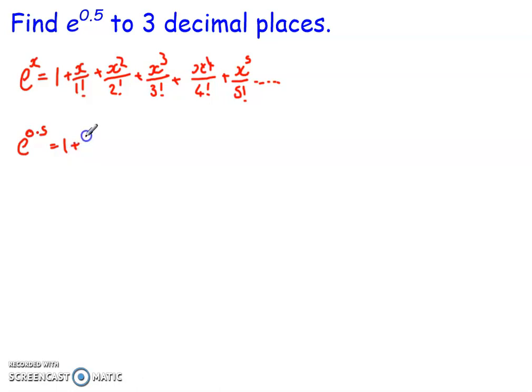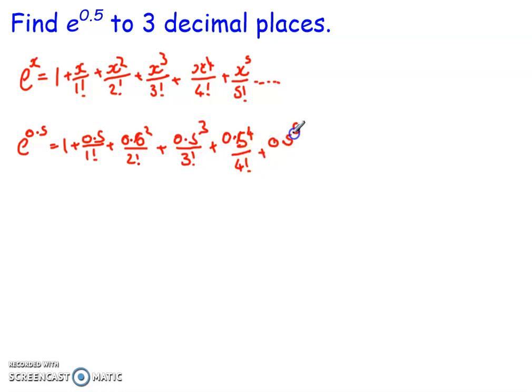So what this wants us to do is essentially say e to the 0.5 is equal to 1 plus 0.5 over 1 factorial plus 0.5 squared over 2 factorial plus 0.5 cubed over 3 factorial plus 0.5 to the 4 over 4 factorial, then plus 0.5 to the power of 5 over 5 factorial, and then it continues on after that.